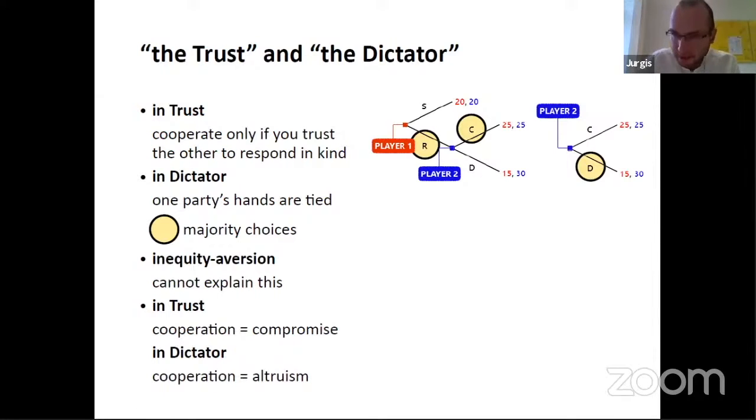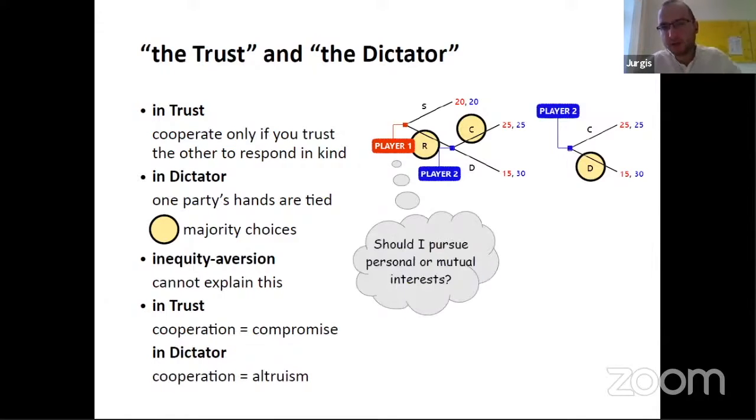So in effect, she needs to, on the fly, decide what objective in the game she's going to pursue. Should I pursue my personal interest in the game, or should I pursue our mutual interest in the game? So these are competing objectives which she needs to internally negotiate within herself and come to a conclusion about what she's going to do. What will be her goal?